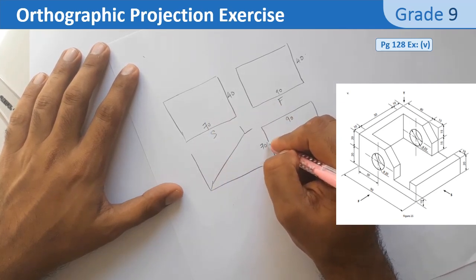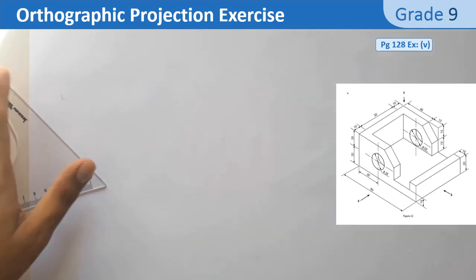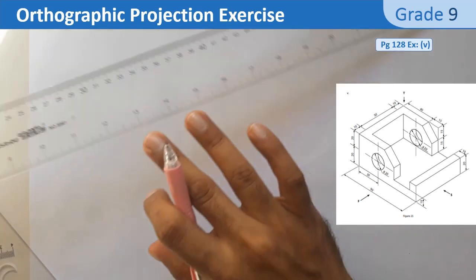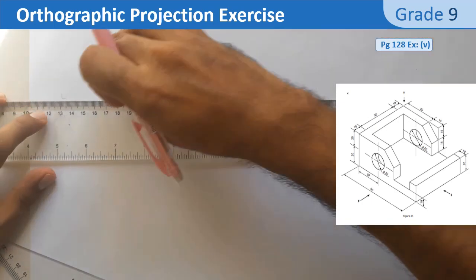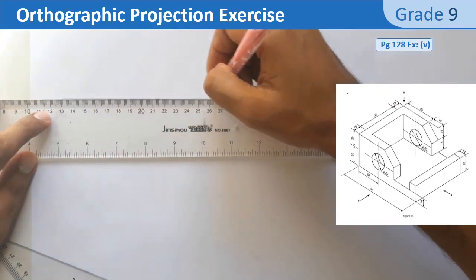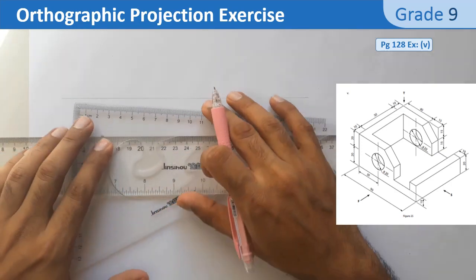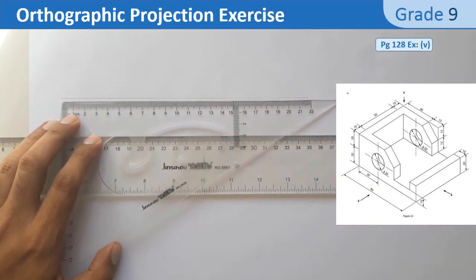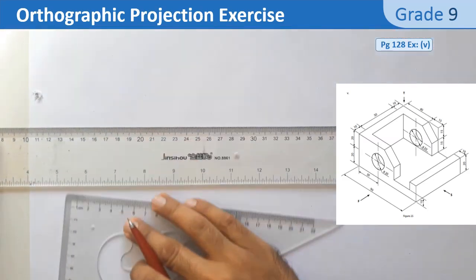This one will be repeated here. The instruments that you need: you can use set squares of 45 degrees and 60 degrees, T-square, your pencils of different grades, your compass.